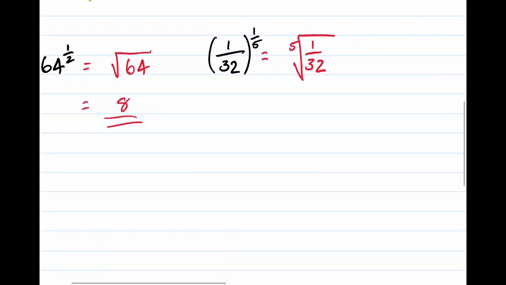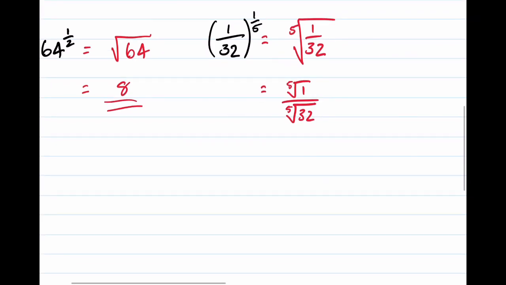Now, based on our laws of radicals and roots, this would be the same thing as the 5th root of 1 over the 5th root of 32. We know the 5th root of 1 is just 1, and the fifth root of 32 is 2. So 1 over 32 raised to the power of 1 over 5 equals 1/2.